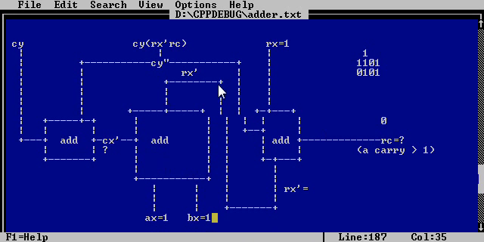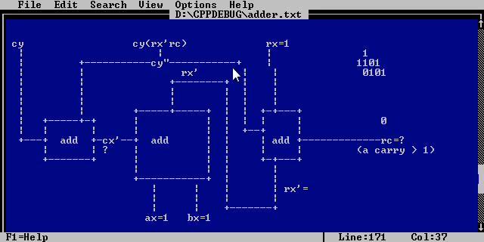Now, in this case, the Rx prime here, the output of this adder, what's the thing this adder?